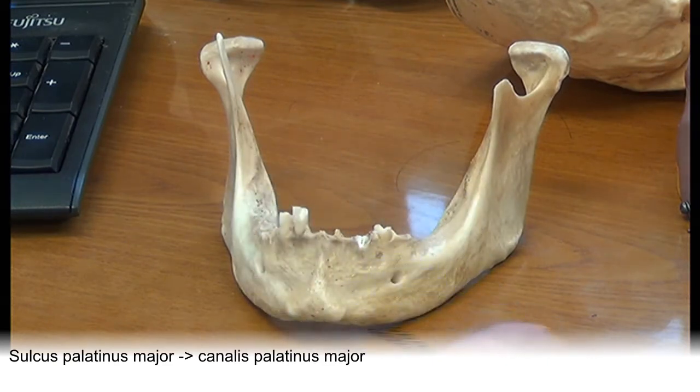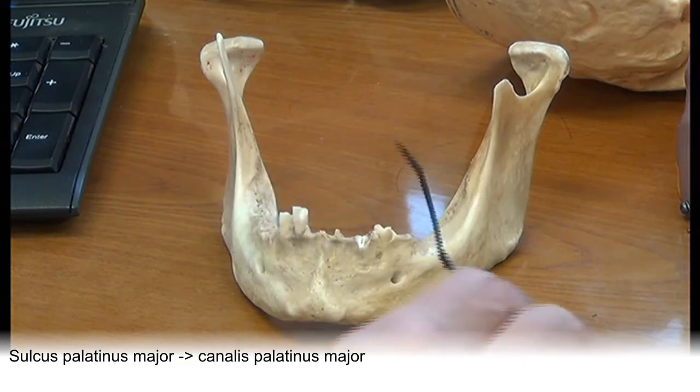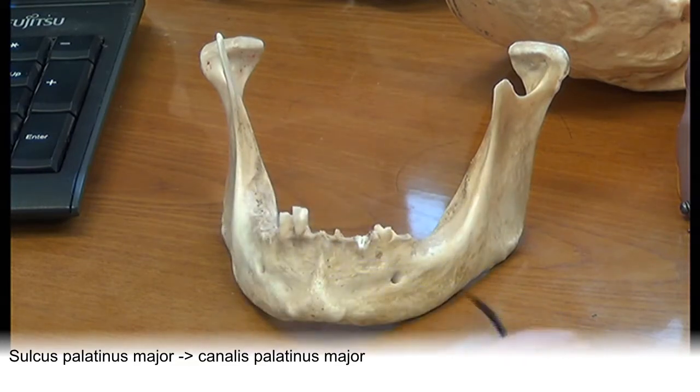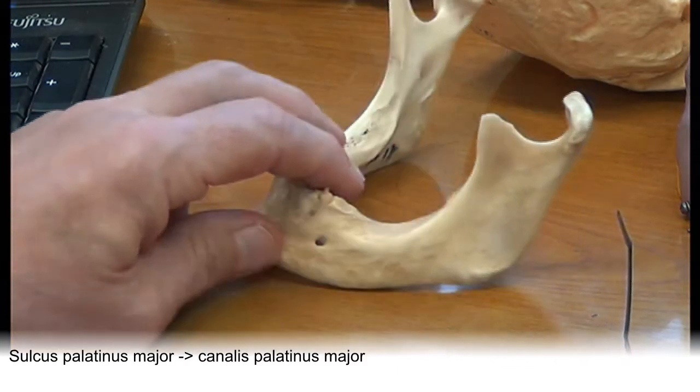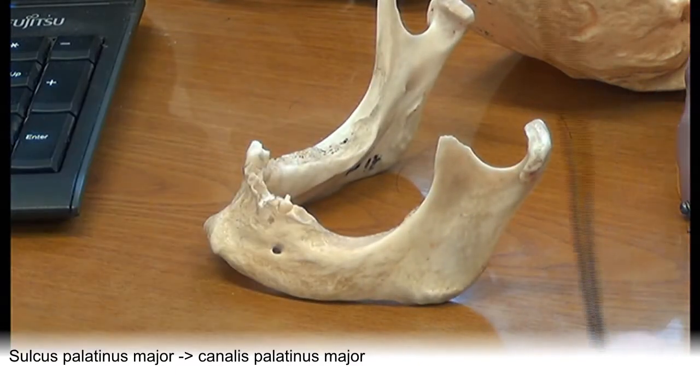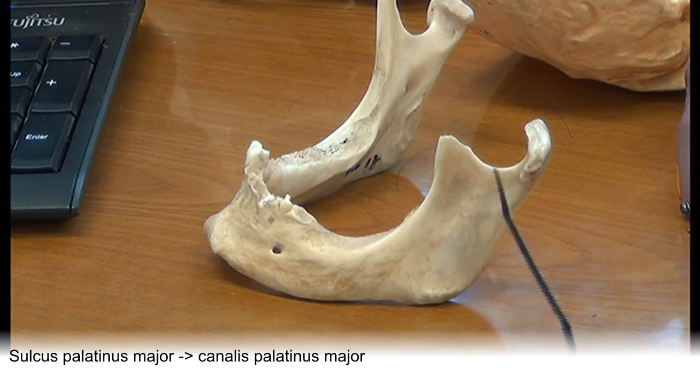Mandibula has corpus mandibulae, here it is, in the middle of it, and two rami, ramus mandibulae. Here it is, ramus mandibulae.